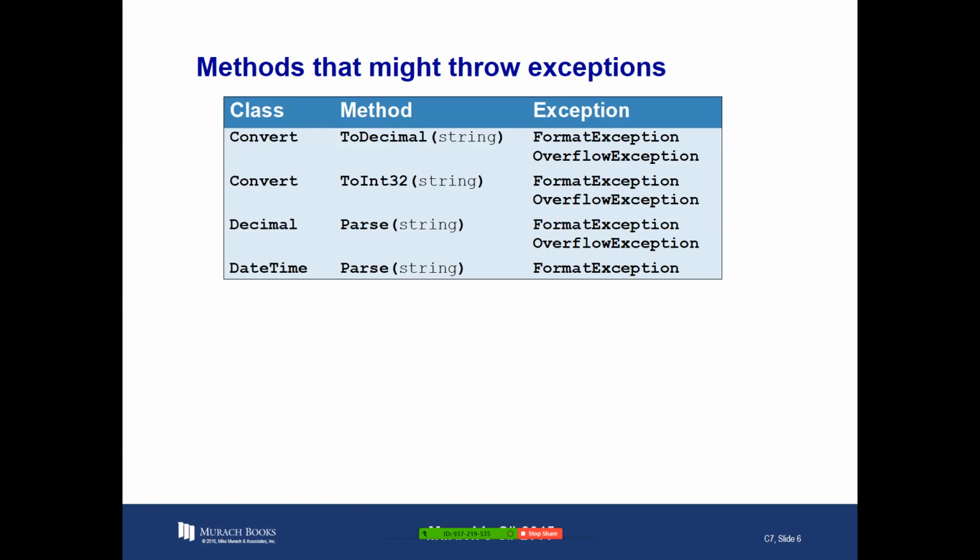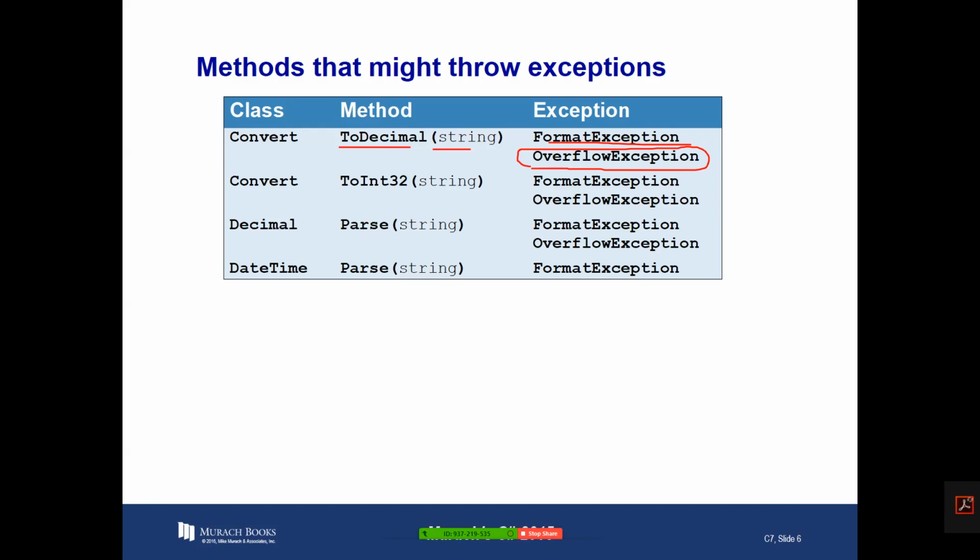So these are some methods that might throw an exception. When you're converting a string to a decimal, you can have a format exception, which is where they typed in some letters instead of numbers, or the string of the number that you're trying to convert is just too big.